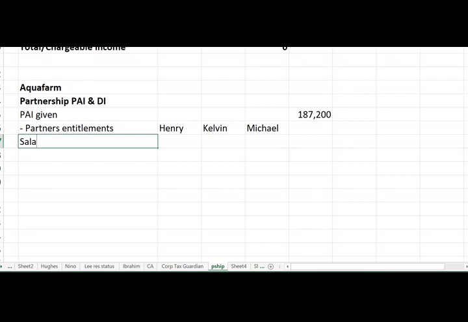Now we have salaries. Henry's salary is 12,000 per annum, so it's only meant for 2 months, and then when the partnership changes, the salary is 15,000 and it will go on for 10 months, so his salary is 14,500.